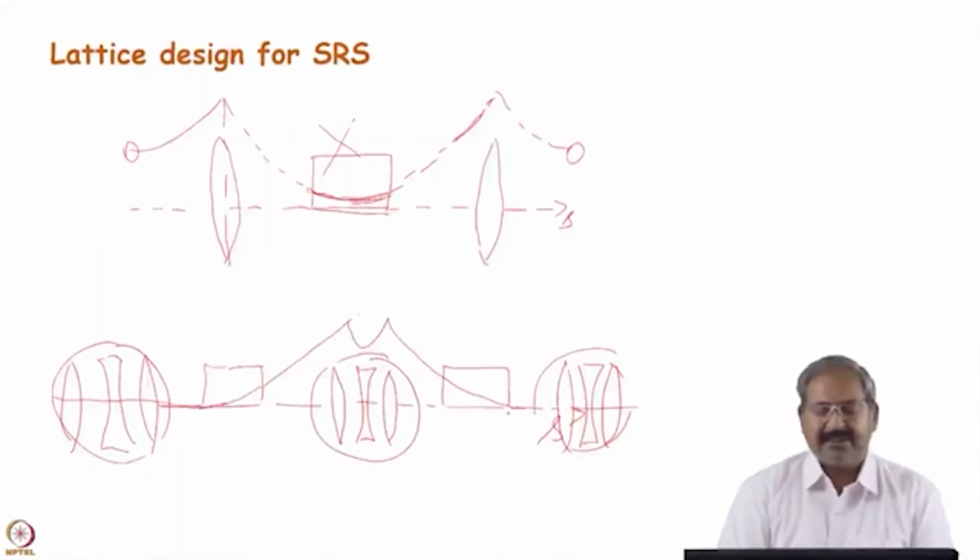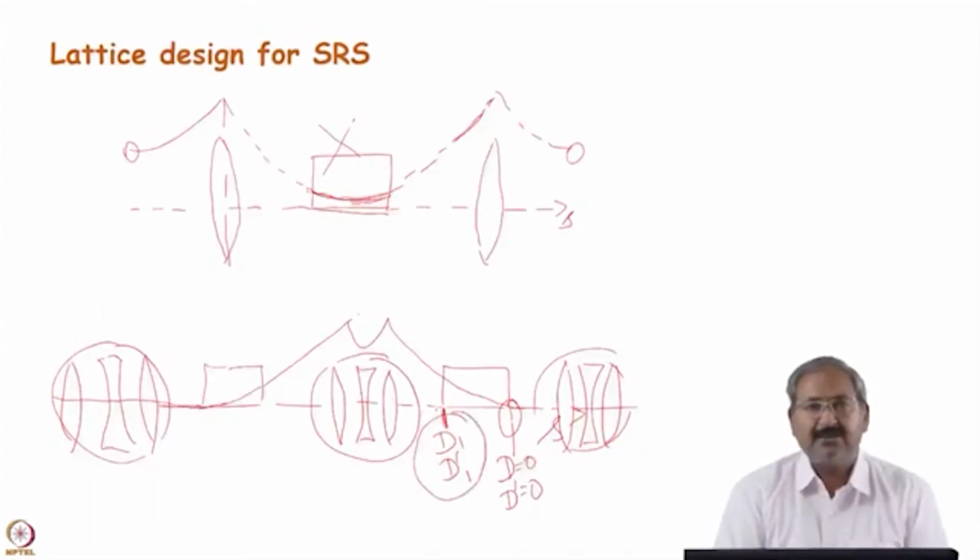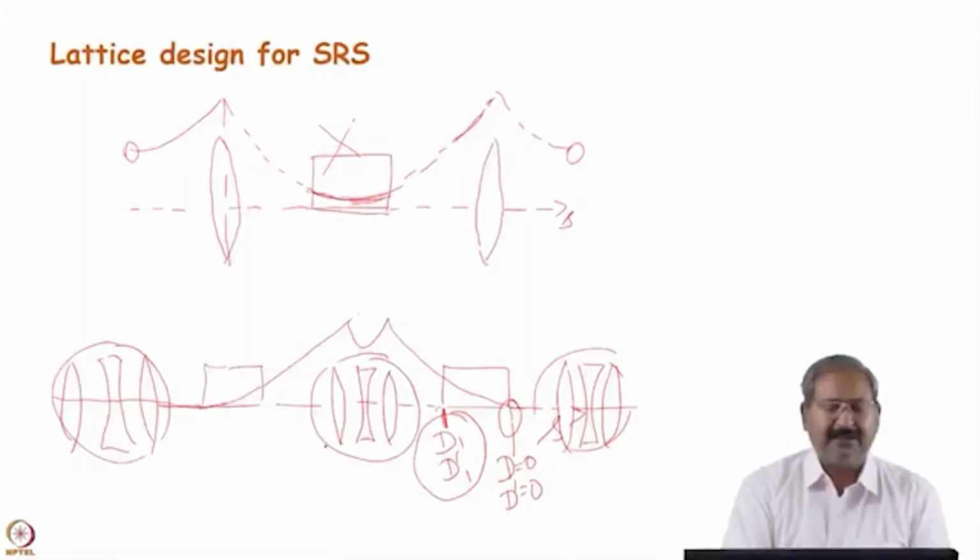However, you can see that if you want to make an achromat, you cannot reshape the dispersion in these magnets, because there is a unique value of dispersion which is needed here, say D1 and D1 prime, to make the achromat, meaning dispersion here 0 and its derivative 0. So when there is a unique value of D1 and D1 prime, you cannot tune dispersion to other values to reduce the emittances. So why not put a third dipole magnet in between?